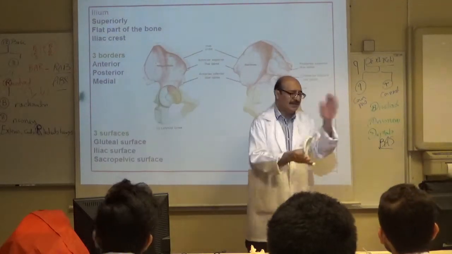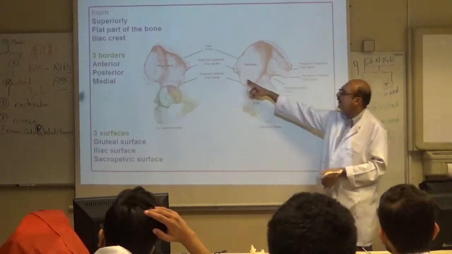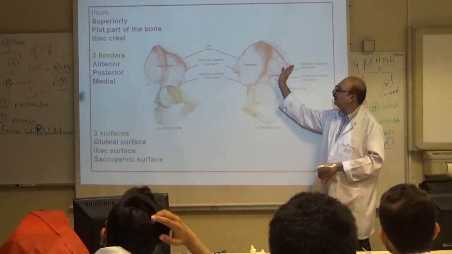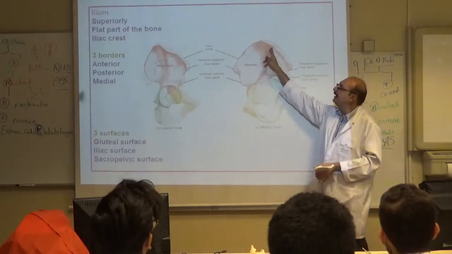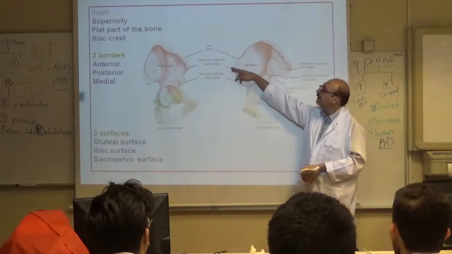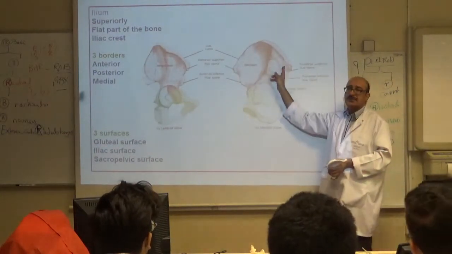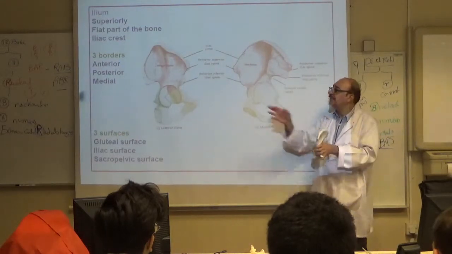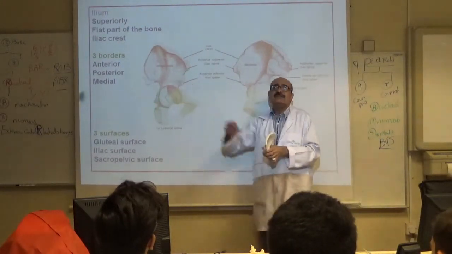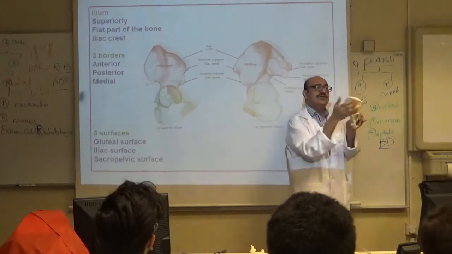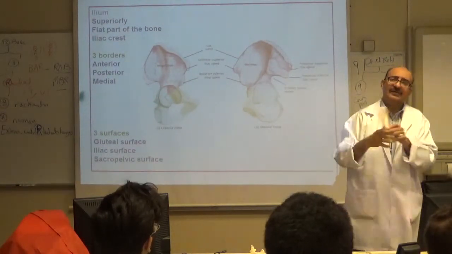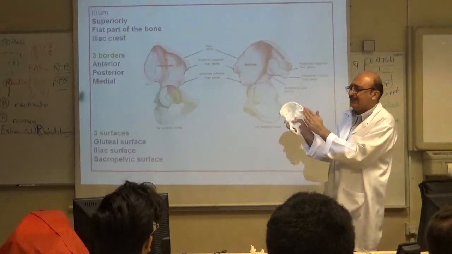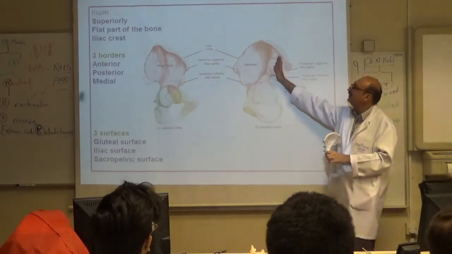Again, anterior border, posterior border, medial border. The iliac crest, go lateral side, outer side is gluteal surface, inner is iliac fossa, and another surface, sacropelvic surface.